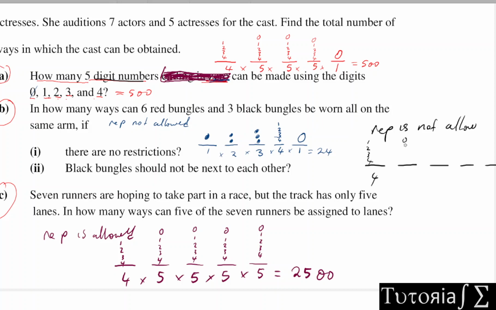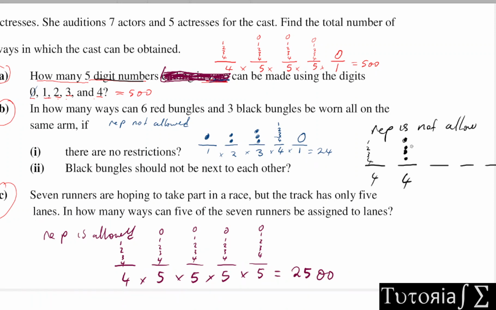We can only have 4 numbers if repetition is not allowed. So suppose 0 is not taken, so we can have a 0, 2, 3, 4, or a 0, 1, 3, 4, or 0, 1, 2, 3. So we can have 4 possible numbers here. So again, we can put 4 here.